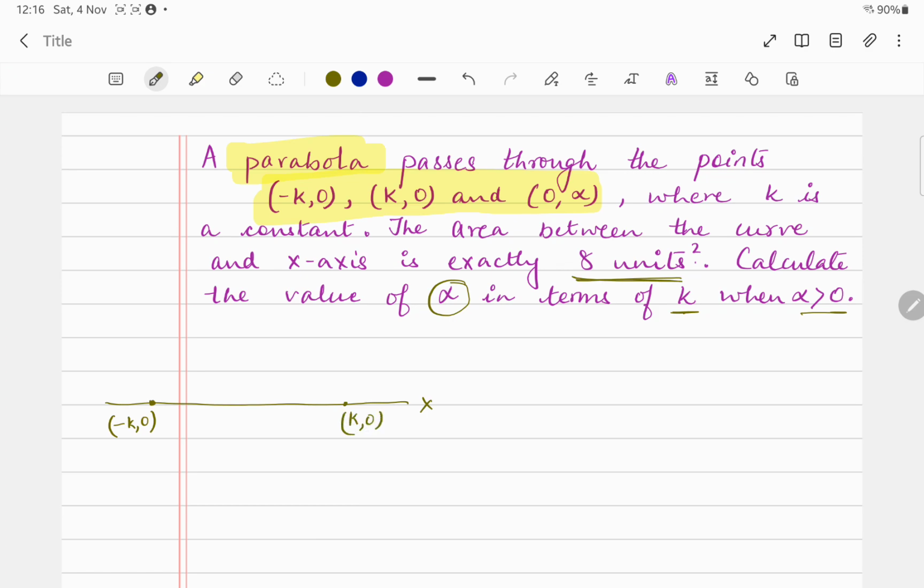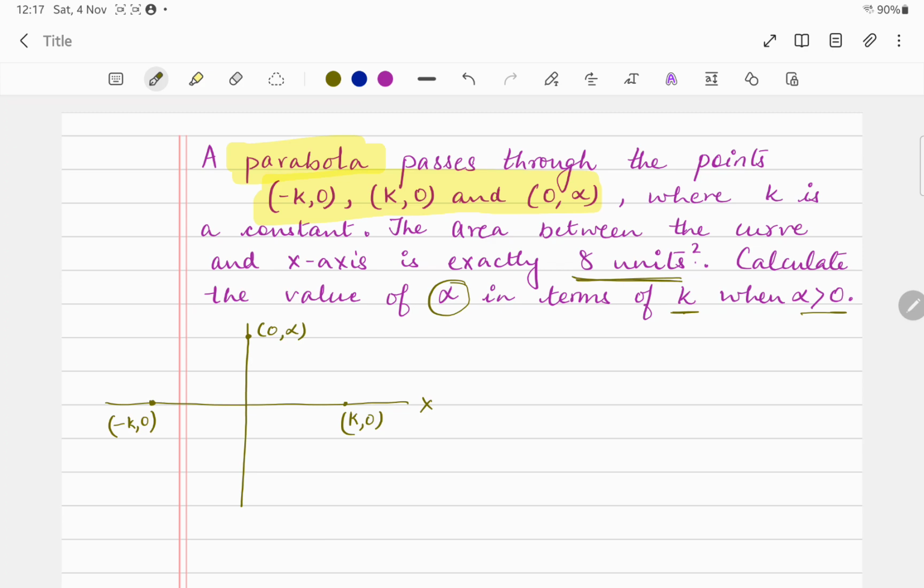Both these points are on the x-axis because y is 0. The third point is (0, alpha), so it lies on the y-axis at the positive point, here.